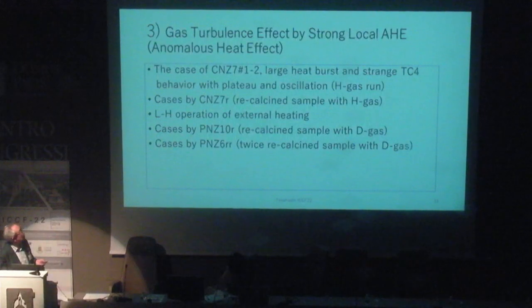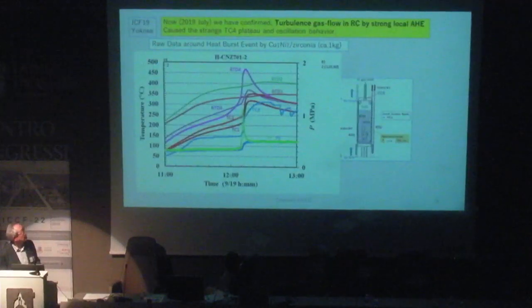We have seen the strong gas turbulence effect in this sample again and again. This is a case of initial heat burst, and we have something very strange for the upper flange temperature, oscillating this way.